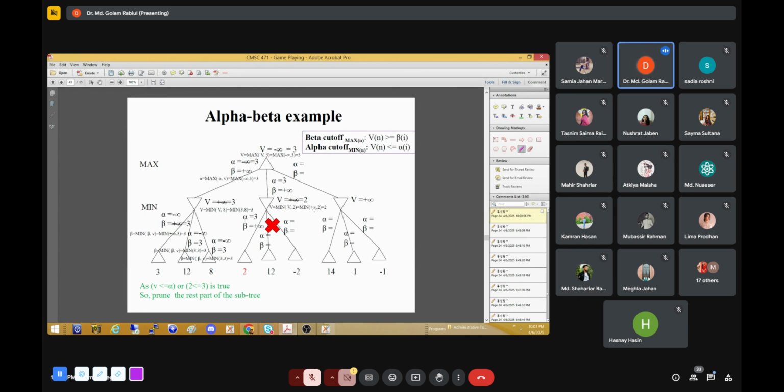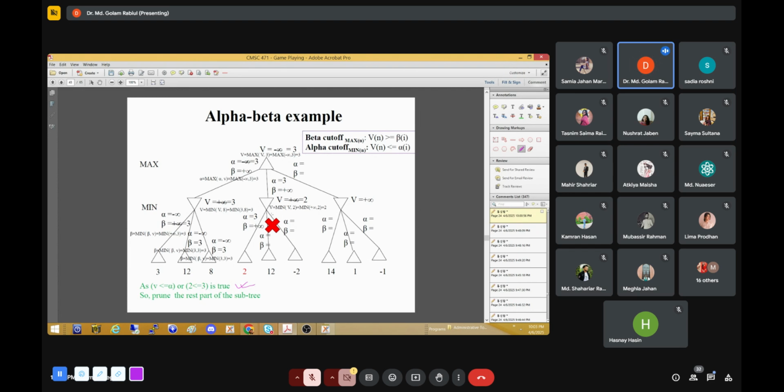Yes, this is true. So 2 is less than 3, the alpha. So we can prune it.